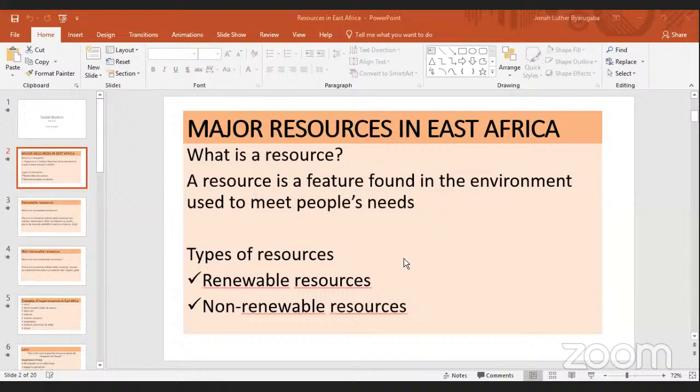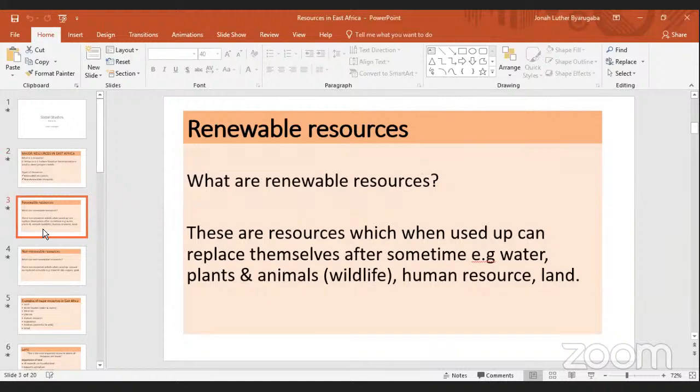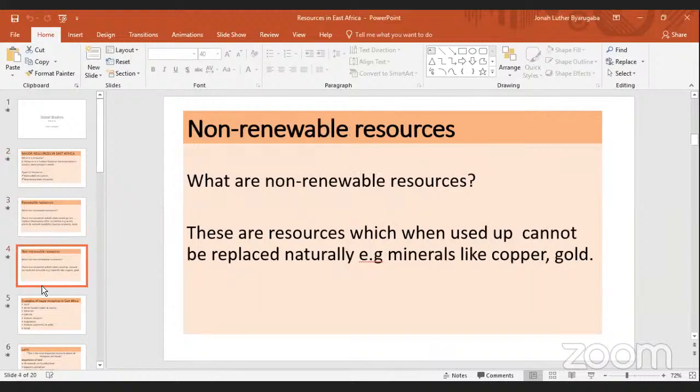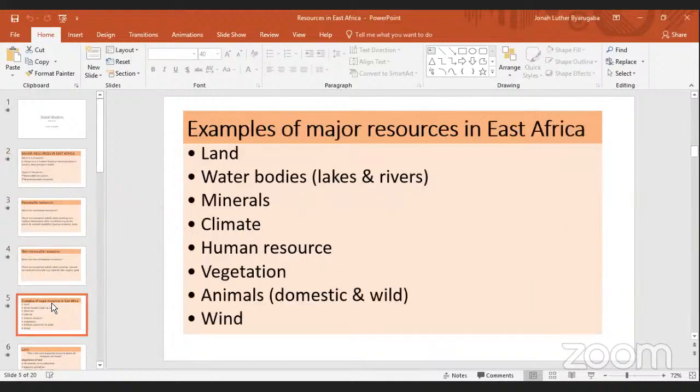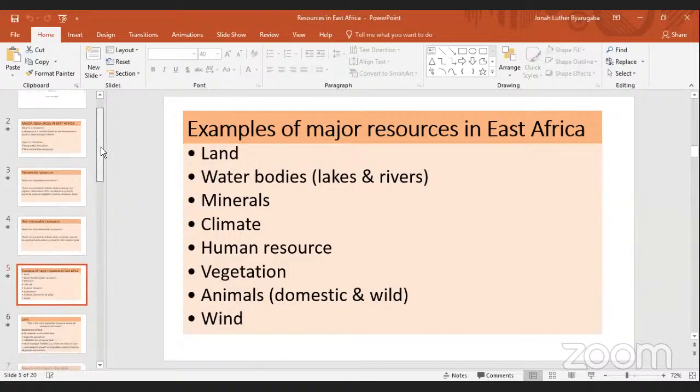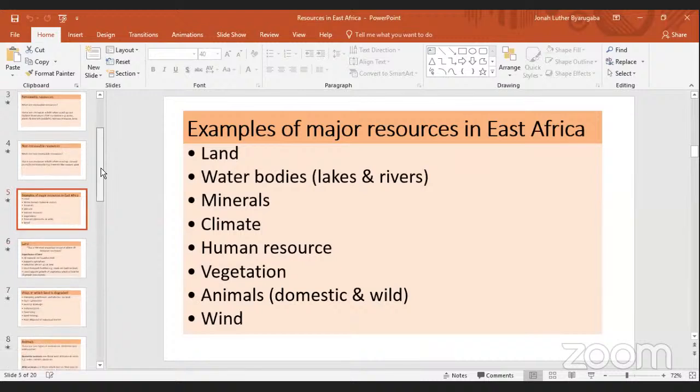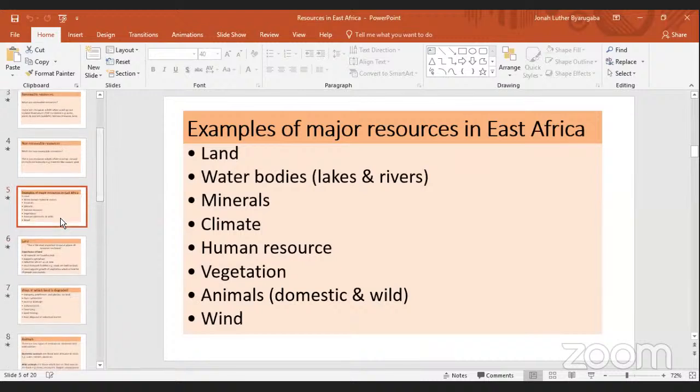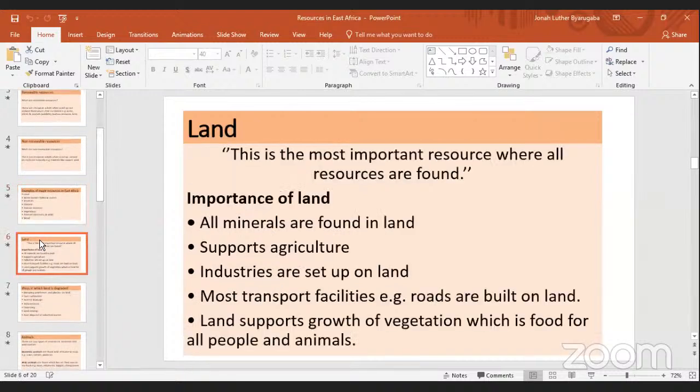One was about resources. We discussed the types of resources. We went to renewable resources, to examples of major resources in East Africa, where we discussed land. We defined what land is and why it is an important resource.